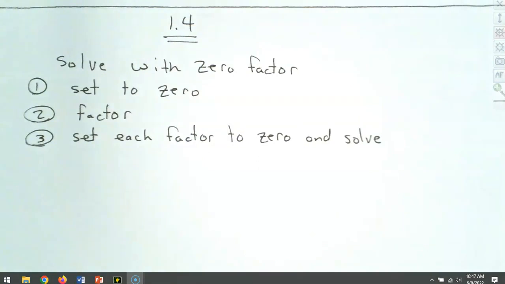So those are our 3 steps. Set it to 0, factor it, and then you set each factor to 0, and you solve each part out. And these are going to have several answers. Most of the time they have 2, some rare cases 3, and also in some cases you may have a double root, which would give you then just 1 answer.